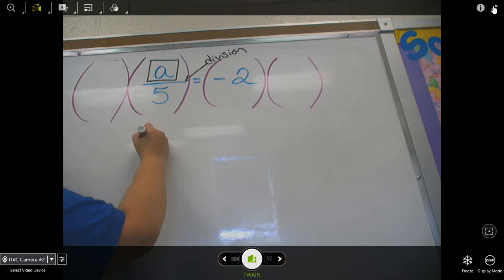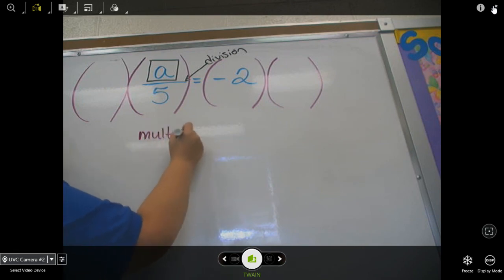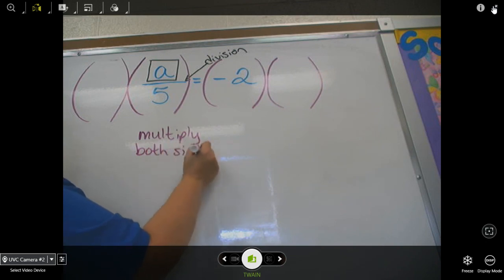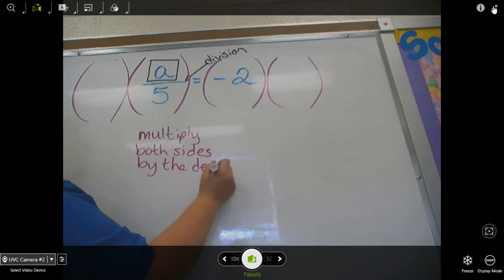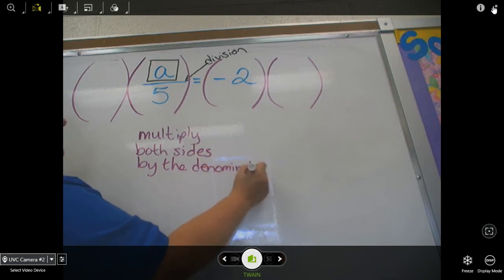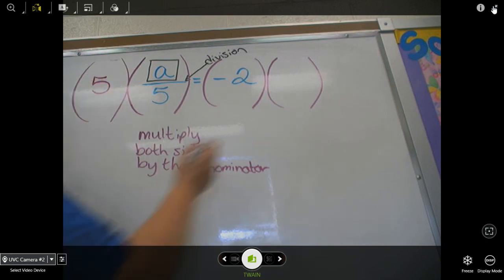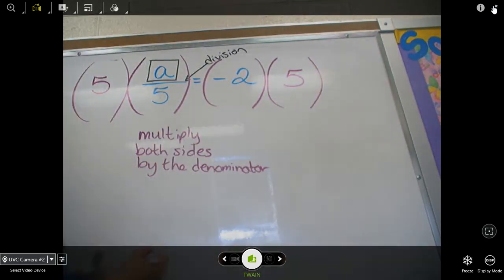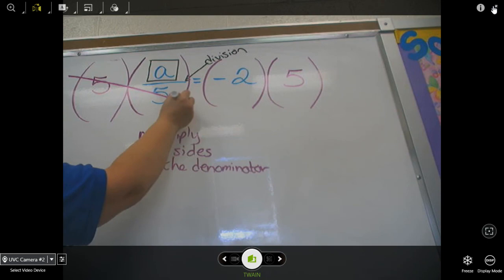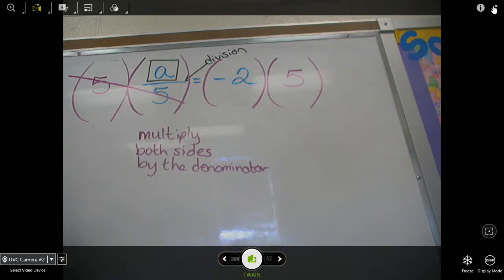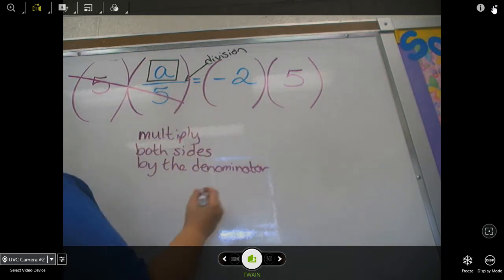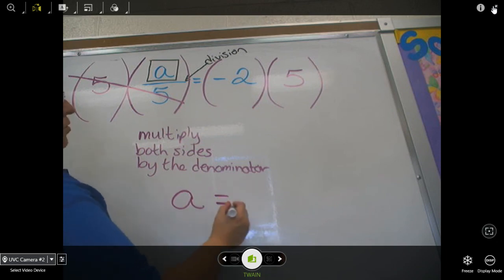Okay? So you multiply both sides by the denominator. Okay, that's what you're going to do. So I'm going to multiply by 5 here. I'm going to multiply by 5 here. What happens? These 5s cancel out, which leaves me with A equals.